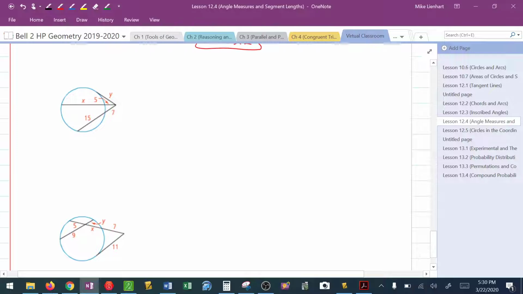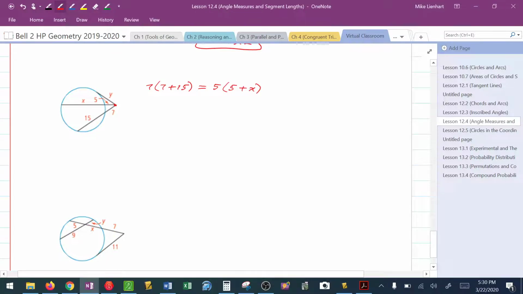All right, let's take a look at this scenario. All right, let's see. I want to first use this angle kind of on the bottom in order to find x. So here's how we're going to do it. You ready? We're going to start with this bottom one. Vertex is out. 7 to get to the circle. 7 plus 15 to get to the other side of the circle equals 5 to get to the circle times 5 plus x to get to the other side of the circle.